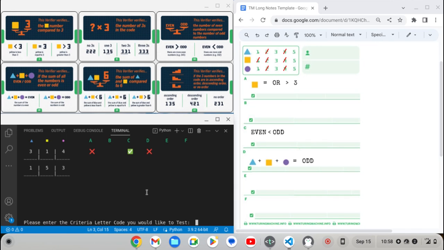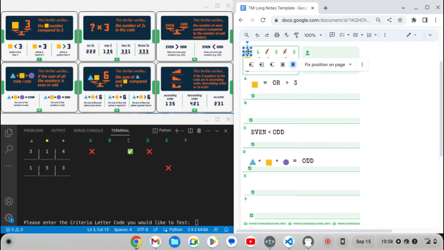Okay, so again, the whole premise of the proposal was that the sum would be 6. So let's go ahead and test criteria card E. And no, the sum is not equal to 6. Okay, so let's go ahead and type that up.